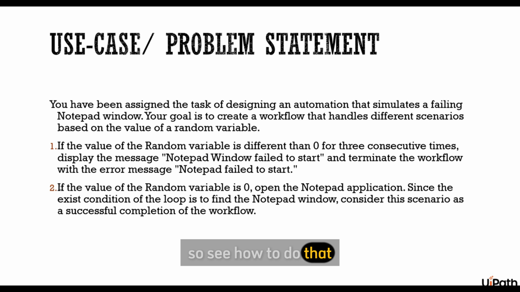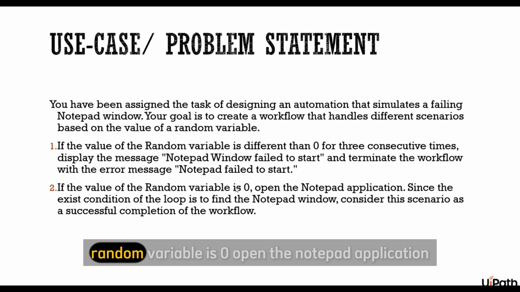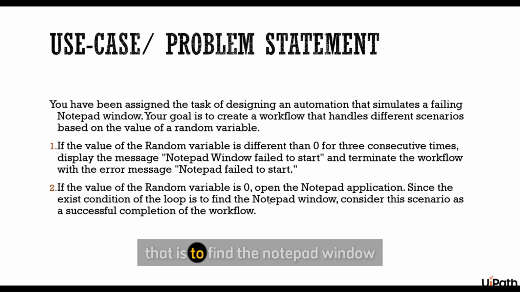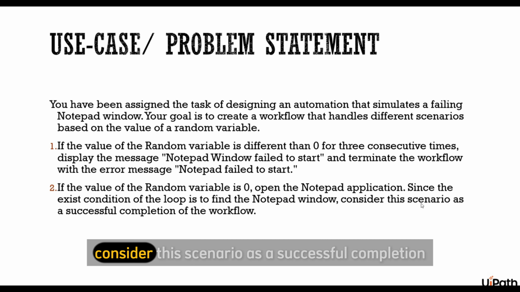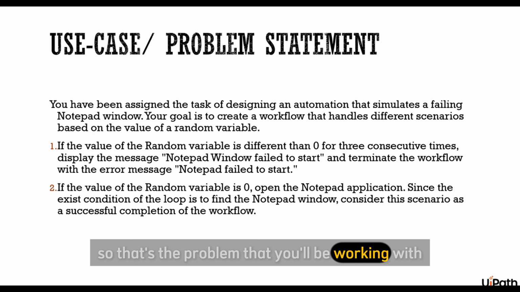And if the value of the random variable is 0, open the Notepad application. Since the exit condition of the loop is to find the Notepad window, consider this scenario as a successful completion of the workflow. So that's the problem that you'll be working with.